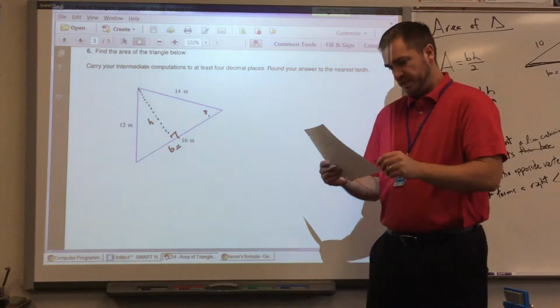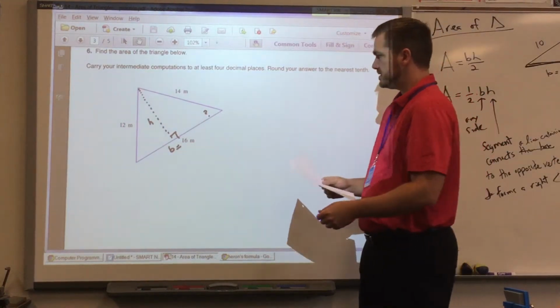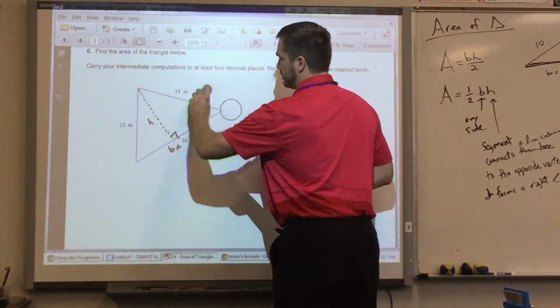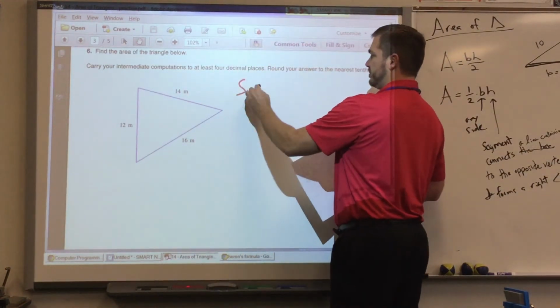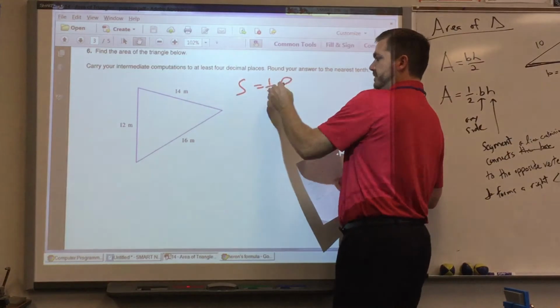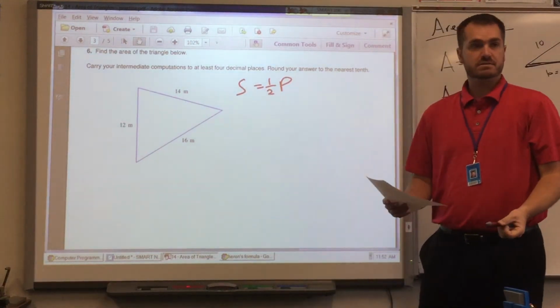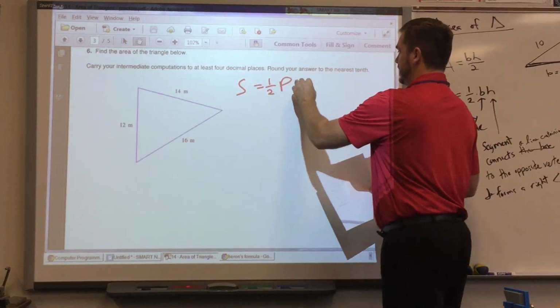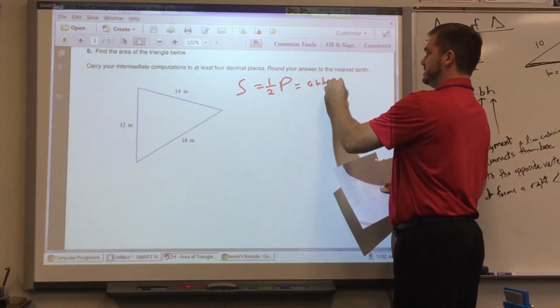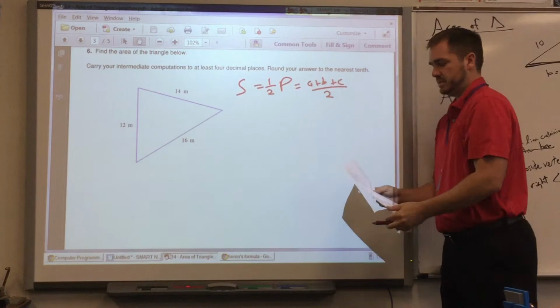According to Heron's formula, he creates this thing called the semi-perimeter. The semi-perimeter is 1/2 of the perimeter, hence the semi. So that's going to be A plus B plus C divided by 2.